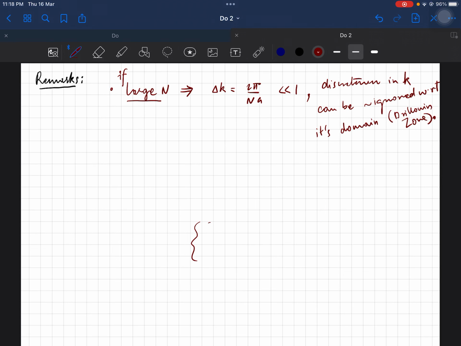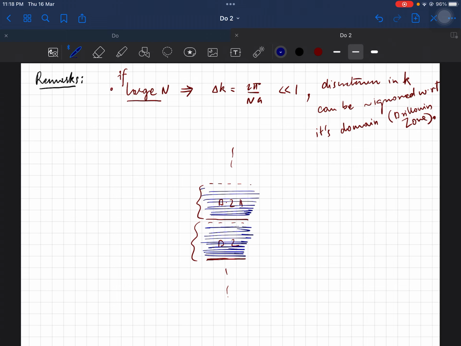The fact that it has this Brillouin zone structure, and it starts from here, but it only takes values like this.